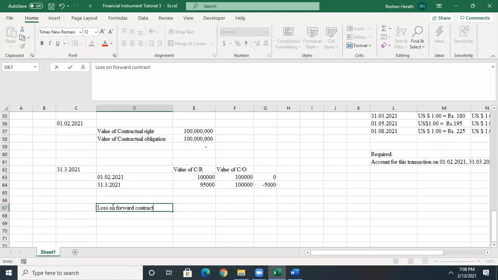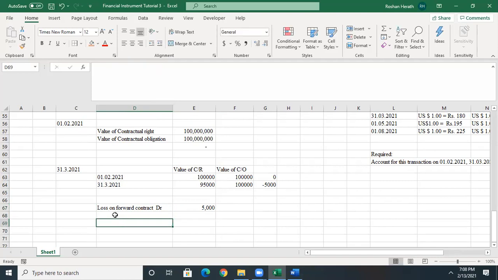Forward contract, it's 5 million. So we are taking the figures in 1,000. It's a 5 million loss, so debit, and it creates a forward contract liability.